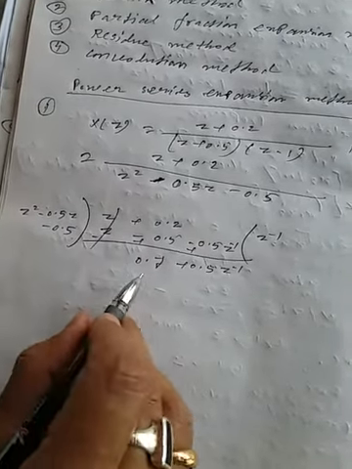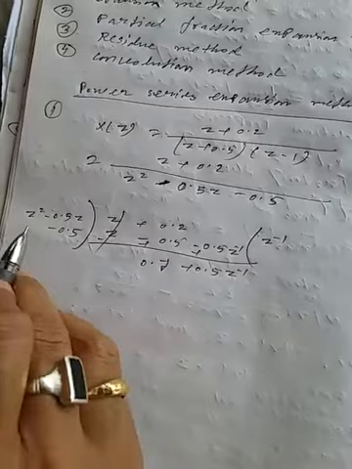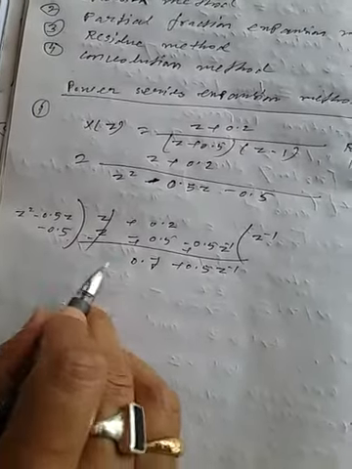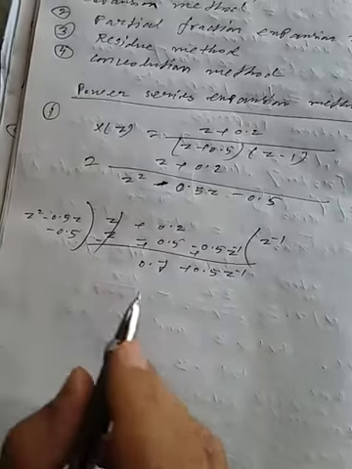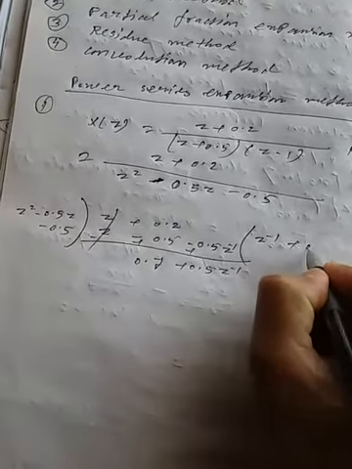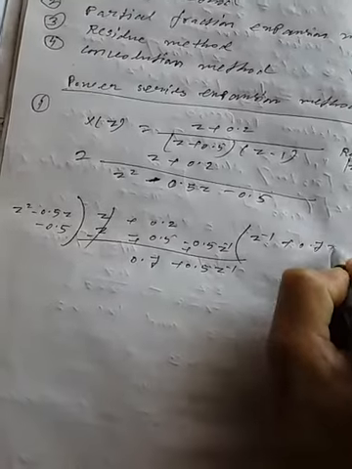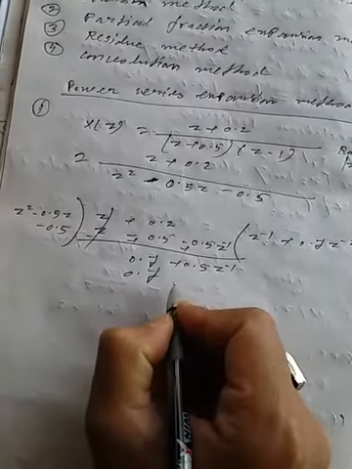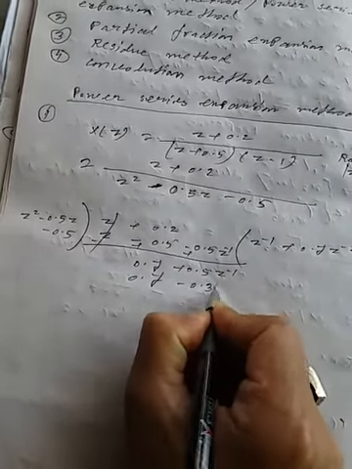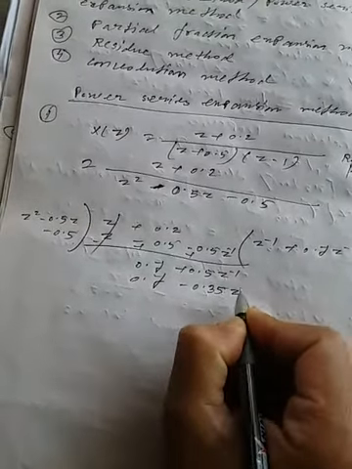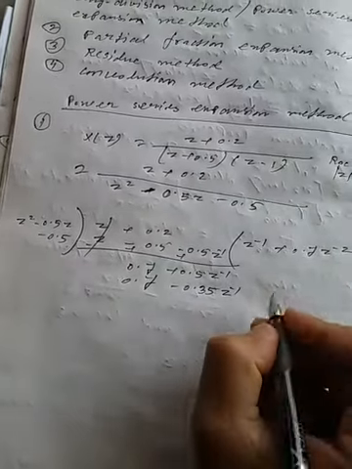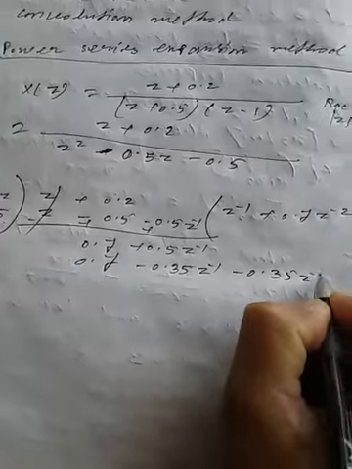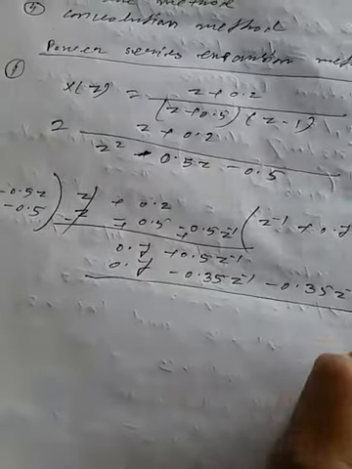For getting 0.7 from this polynomial, you have to multiply by 0.7 z to the power minus 2, so it will be 0.7 z to the power minus 2. Here is 0.7 and here will be minus 0.35 z inverse, and this portion will be minus 0.35 z to the power minus 2, right?